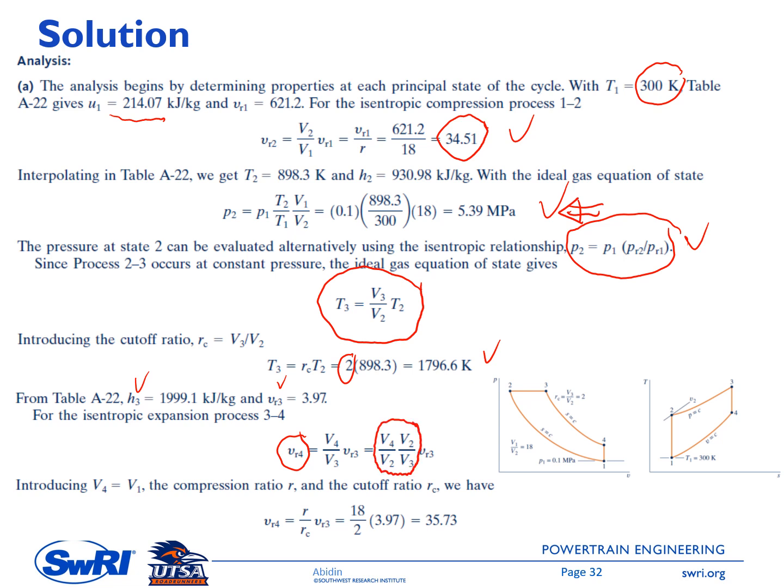So V4 over V3 equals V4 over V2 times V2 over V3. V4 over V2 is the compression ratio, and V2 over V3 is the reciprocal of RC. Okay, so you have all numbers. You should be able to get VR4 finally. So 35.73.